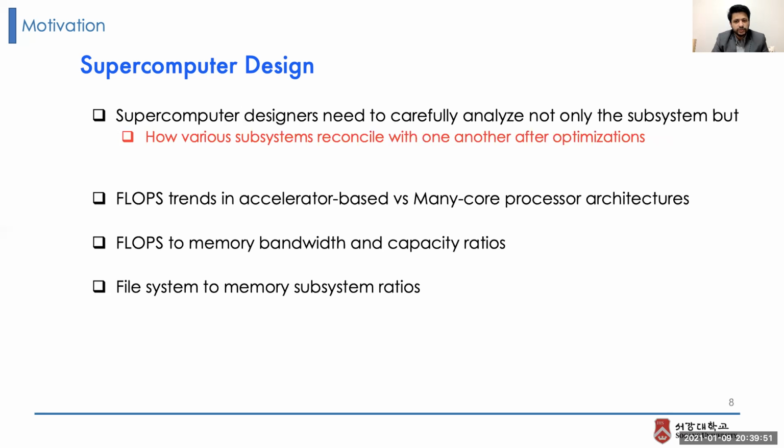Designers need to understand the trends not only inside the individual subsystems of the supercomputer, but also with respect to one another. For example, one needs to understand the flops trends in accelerator-based heterogeneous processor versus many-core processor architectures, but at the same time glean the nuances in flops to memory bandwidth, flops to memory capacity ratios, memory bandwidth to intra-node connectivity bandwidth ratios, file system to memory subsystem ratios, and interconnect to flops ratios.